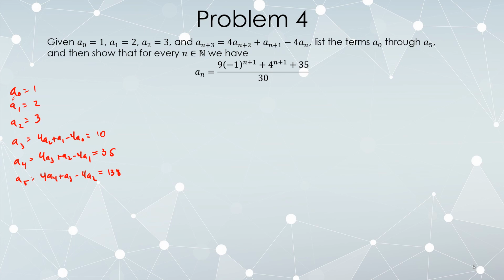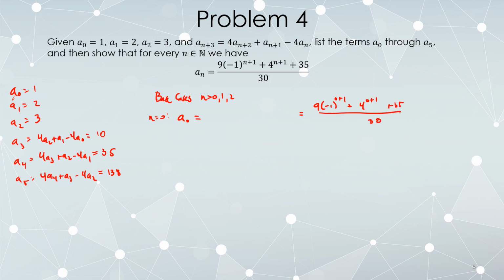With the same recursive formula that looks at the prior 3 terms, we're thinking let's do an inductive proof with 3 base cases, 0, 1, and 2. Well, for n equals 0, what we hope is that a sub 0 is equal to 9 times -1 to the 0 plus 1 plus 4 to the 0 plus 1 plus 35, all over 30.